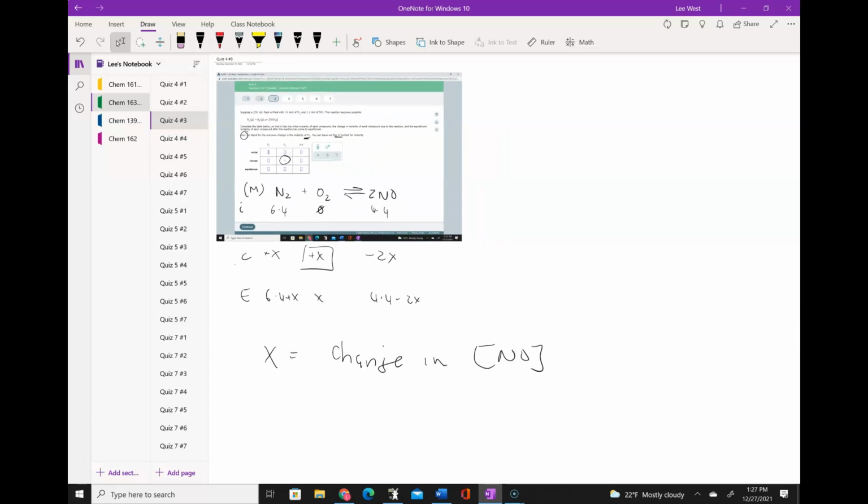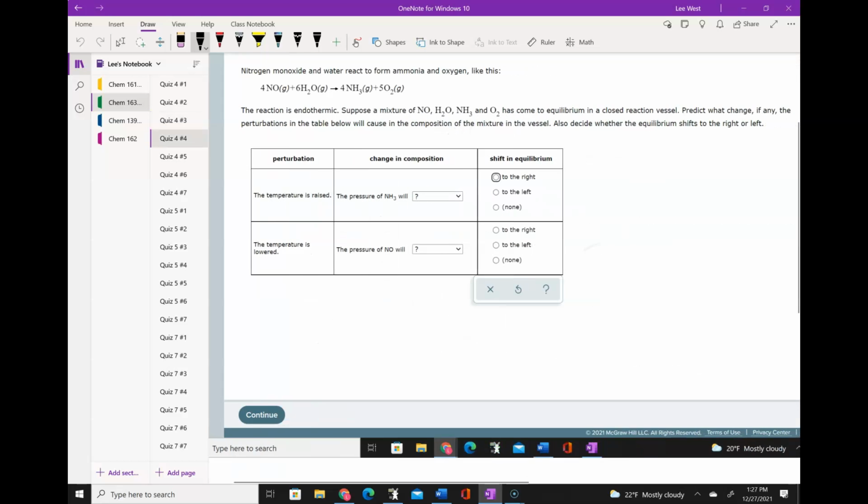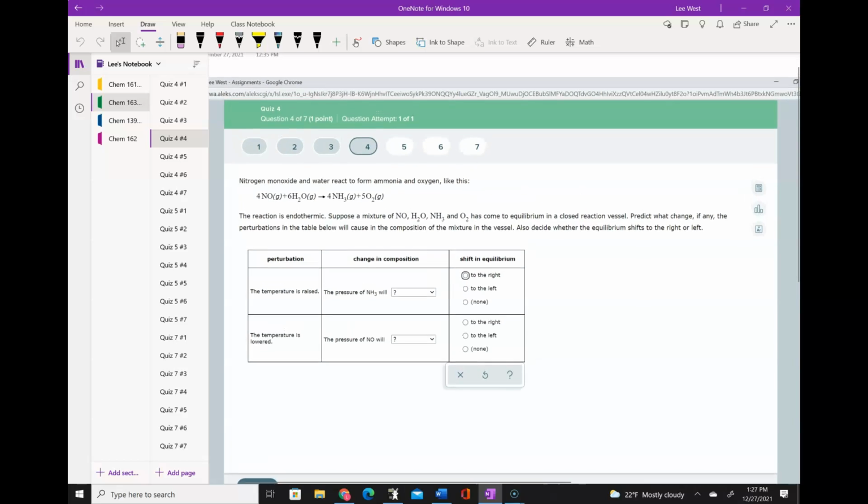All right, so just read the question carefully. It's all about mole ratios and understanding that if you have 0 concentration on one side, that's the way that it's going to move. Okay, so there's your answer there. We just have to fill in the table. Like I said, the only thing that's different here is you don't need those pluses and minuses for Alex to be happy. You can put them in and I'll still grade it as being correct.